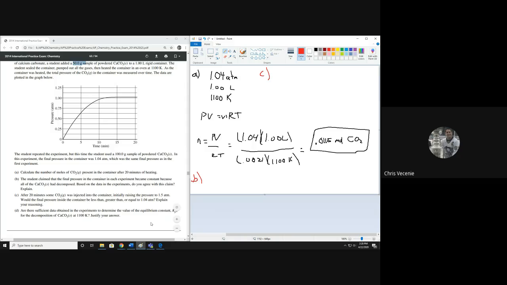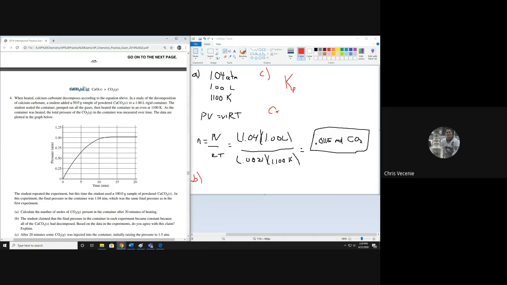All right, and then letter D says, is there enough data present to be able to determine Kp for the decomp of CaCO3? All right, so Angel, if we want to get a K value, in this case a Kp, how do we usually get K values? By doing an ice table. So we would look at our equation, CaCO3 solid going to CaO solid plus CO2 gas.